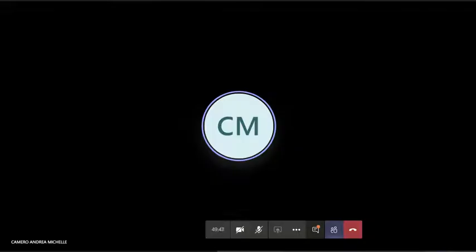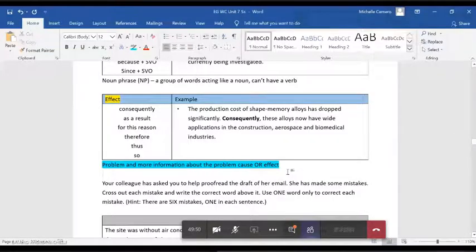The other thing, though, which is nice, is when you remember you have to give the advantage of the solution. So you have to add your own idea. You can use effect words. This is like 99% of the time. So even though for the problem and more information about the problem, you're like, I don't know, do I use cause or effect? It's iffy, you're not sure.